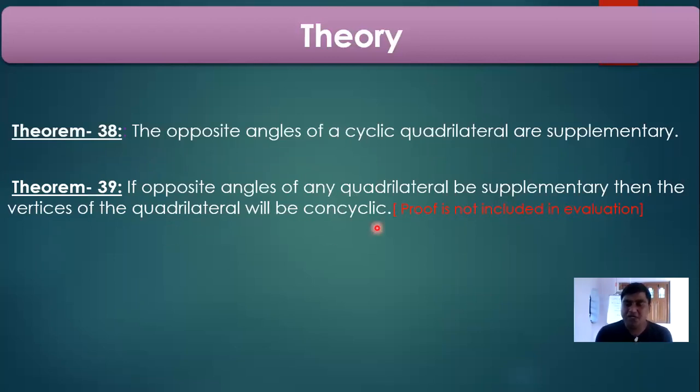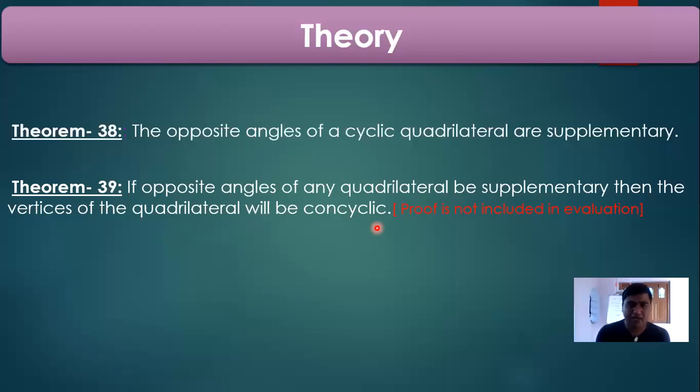So if the sum of two opposite angles is 180 degrees, then the quadrilateral will be a cyclic quadrilateral, or otherwise the vertices of that quadrilateral are called concyclic.